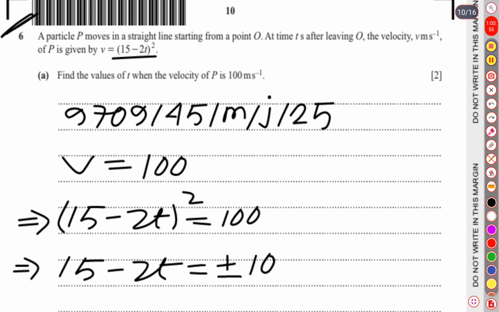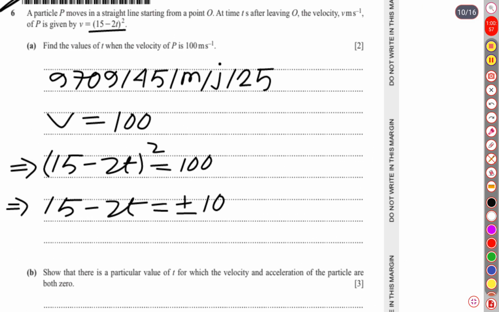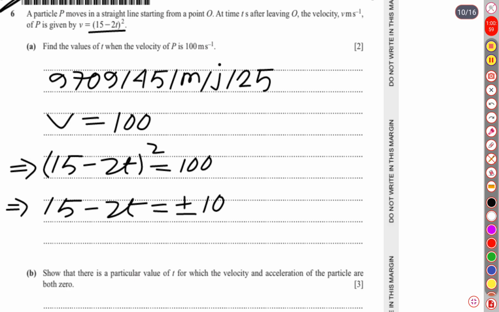Now we require t, so t will have two values. The first value: if we add 15 to 10, it is going to be 25, if both have the same sign, so 25 over 2 is 12.5. And for the other, if 15 is positive but 10 is negative, then it will be 5. So 5 over 2 is 2.5. First one is 2.5 and another one is 12.5.